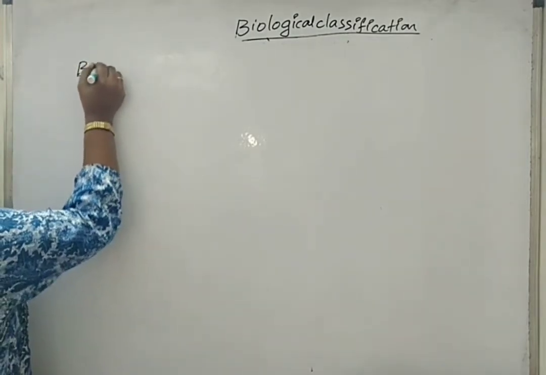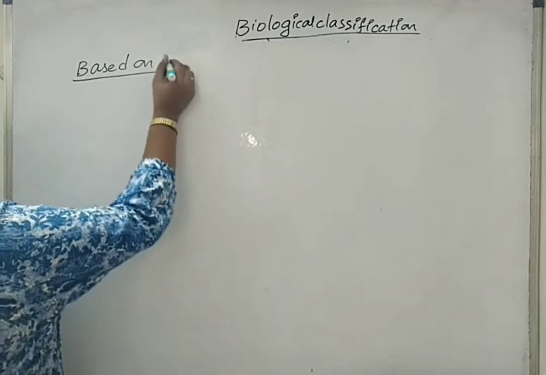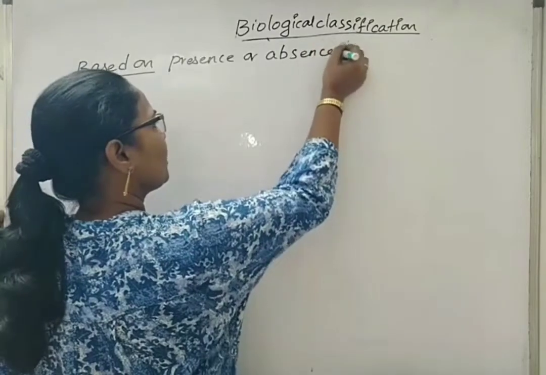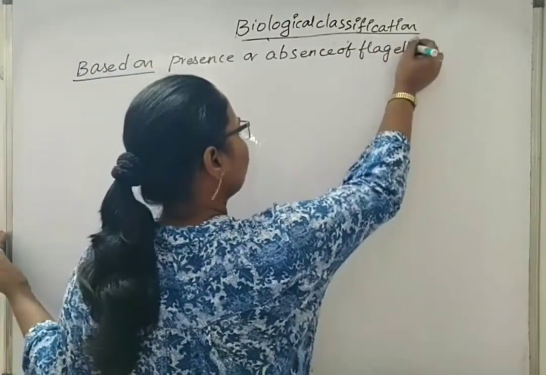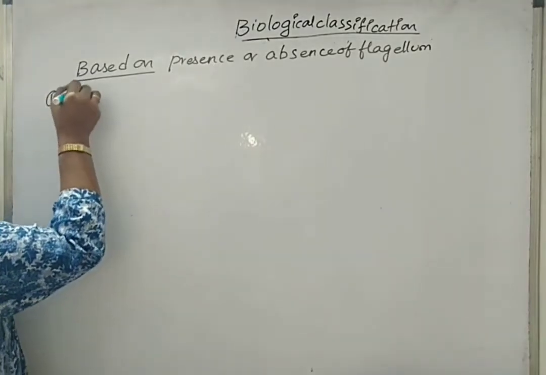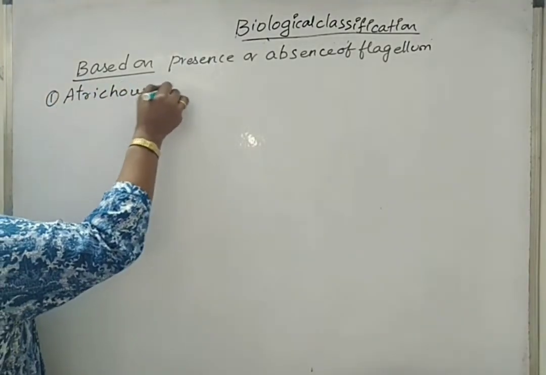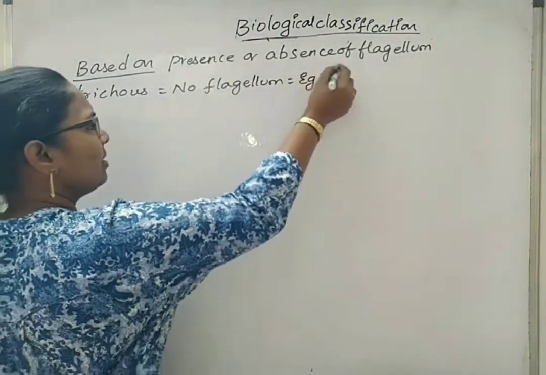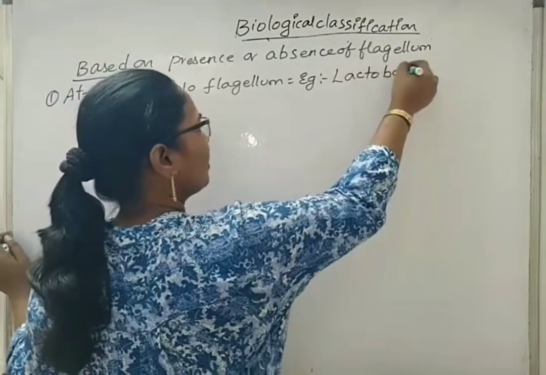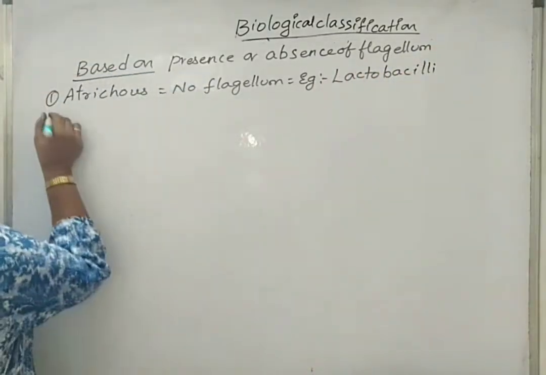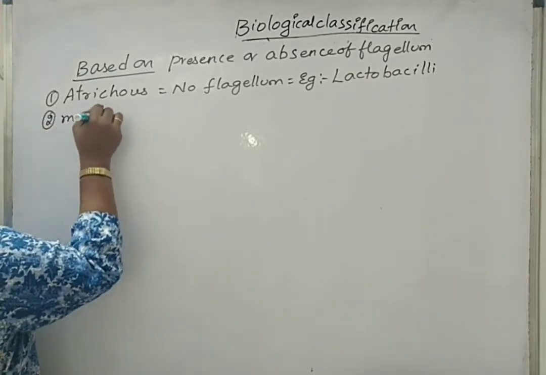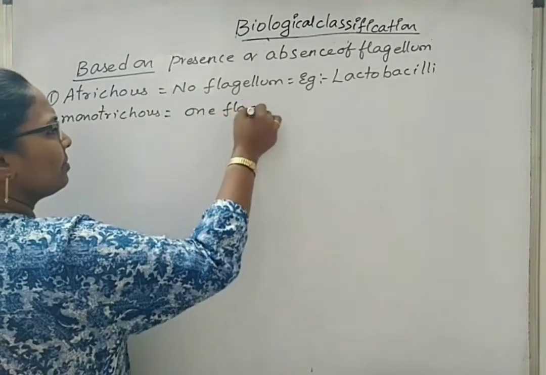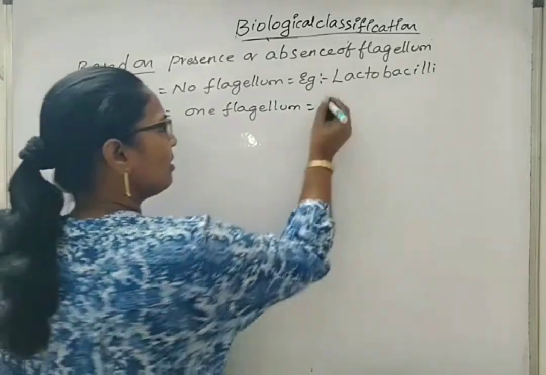Based on presence or absence of flagellum: first one, atrichous, no flagellum. Example, lactobacilli, which is present in milk. Bacilli means rod shape. Second one, monotrichous, one flagellum. Example, Vibrio cholerae.